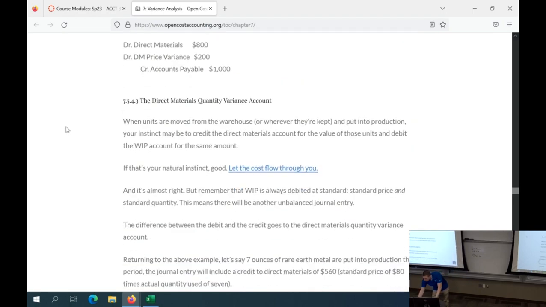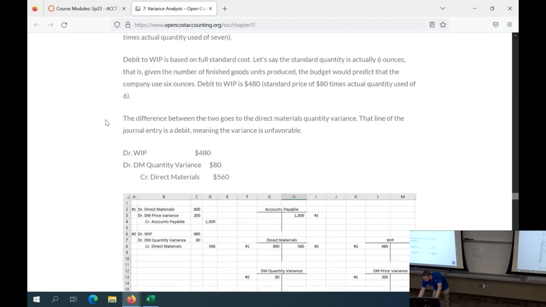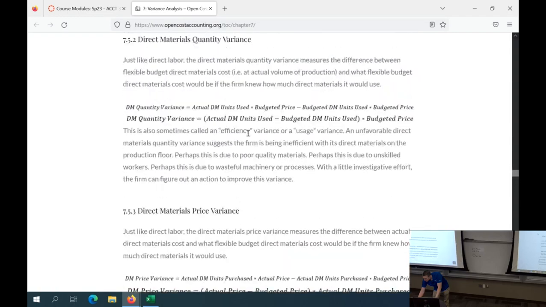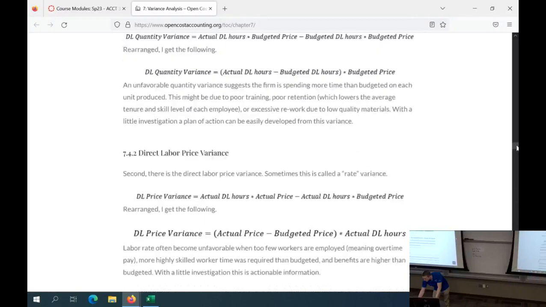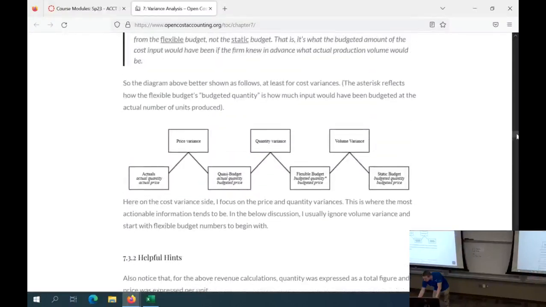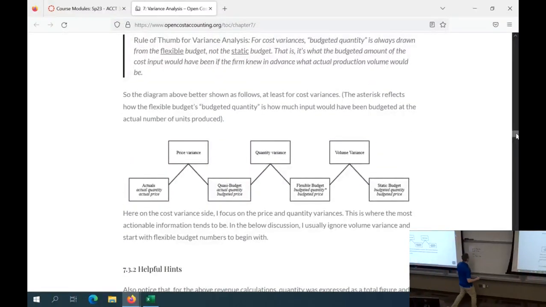So when we get down here, do I have it? Okay, let me go up to the mountain and talk for a second about direct materials and what it looks like. So the direct material mountain actually looks like this. AQP times AP. That's full actuals.